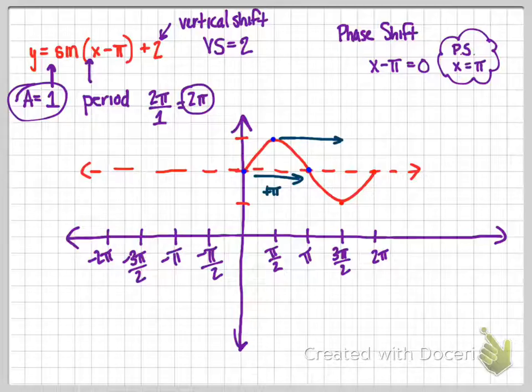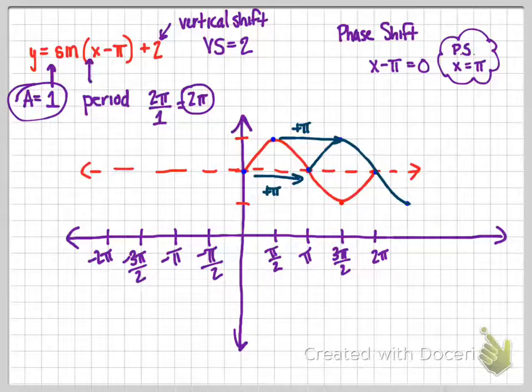We're starting at 0. Next up is my max, 0. Next up is a minimum. And then I connect the dots from there. So my phase shift actually goes like this. Okay, so I've shifted everything over. So now I'm going to continue this backwards, okay, because my phase shift is supposed to shift plus pi in each direction.